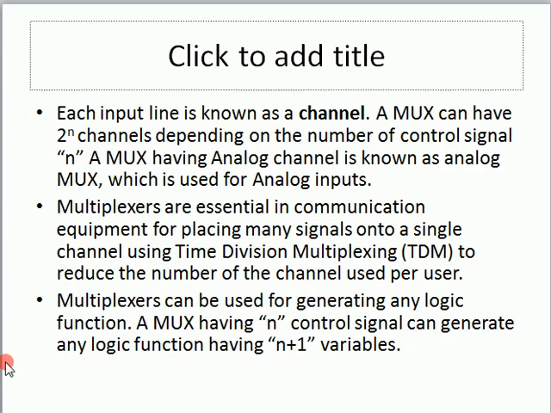Multiplexers are essential in communication equipment for placing many signals onto a single channel using time domain multiplexing, TDM, which we will discuss further. We use this because we want to reduce the number of channels used per user. A multiplexer can also be used for generating any logic function. A multiplexer having n control signals, or n selector lines, can generate any logic function having n plus 1 variables.